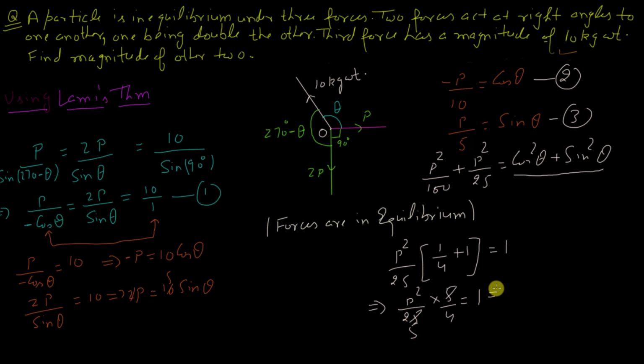This implies that P square is equal to 20, implies P is equal to root 20. And you cannot take the negative, because here it will be plus minus, but a force in magnitude cannot be negative. So we have rejected the negative sign. So we have taken the positive, and units will be same as given for the third force, that is kilogram weight. So one force is P, which is root 20 kilogram weight.